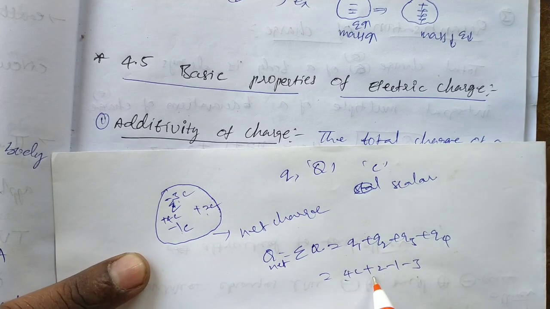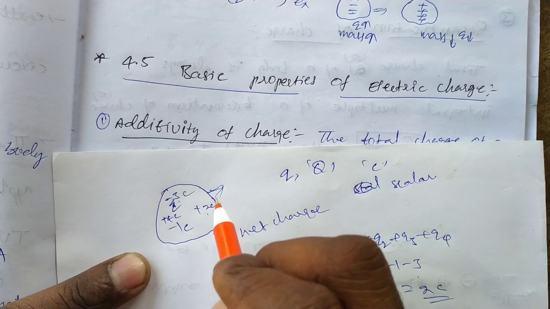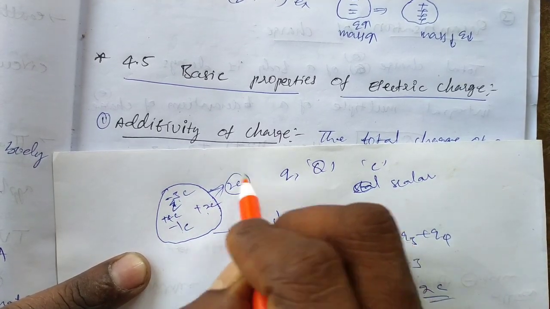Here 4 plus 2 is 6, minus 4 is 2 coulombs. The net charge of the closed body is 2 coulombs.